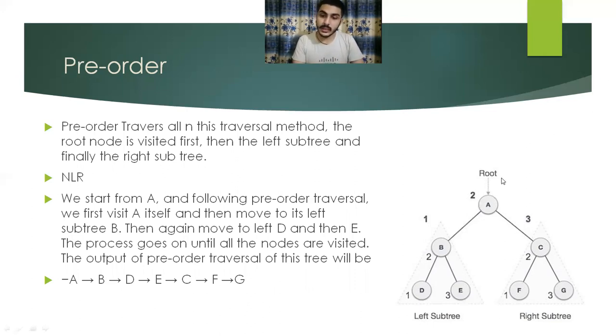N is here A. So here you can see the output of this pre-order is first coming A. Then the second would come B, and then D, then E, and then we go to right. And here comes N, means C. Then L comes F, and right G.